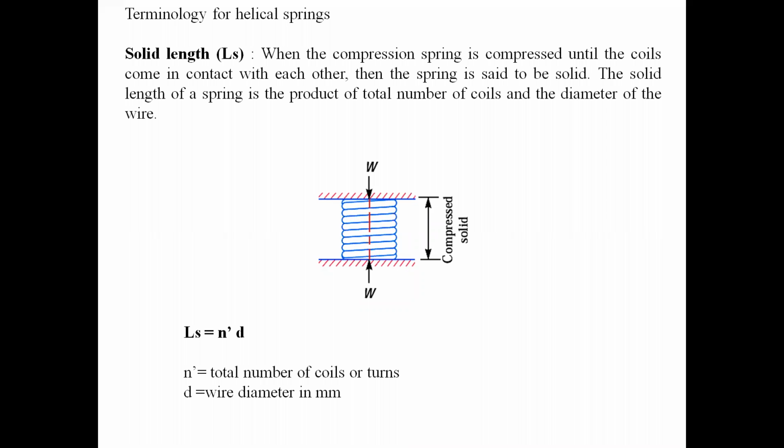Mathematically, as you can see below the figure, it is indicated by Ls, which is equal to n' into d, where n' is the total number of coils or turns, and d is the wire diameter in mm. So solid length we can find very easily if I know the number of coils multiplied by the wire diameter. That is called solid length.